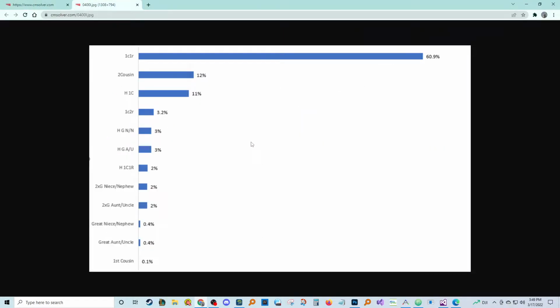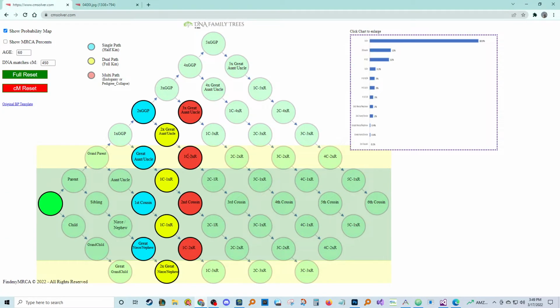And when we look at the chart, we can see this one is 60.9. I'm going to call it 61 for a round number. 61% likelihood, which means that it is twice as likely, almost, as all of the rest of the total possibilities combined, including those in yellow and those in white.